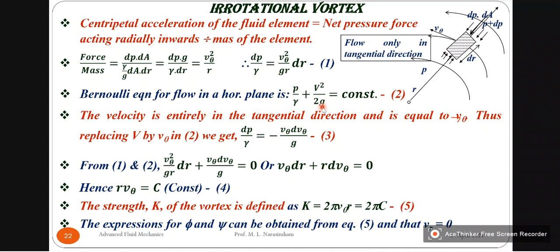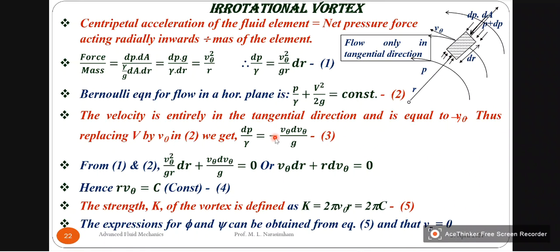Because v theta is a function of theta, 1 by 2g will come out, and d of v theta square is 2 v theta d v theta. That simplification will give you this expression.